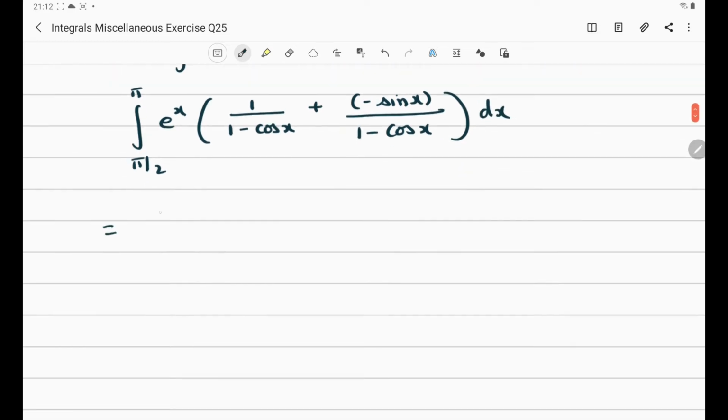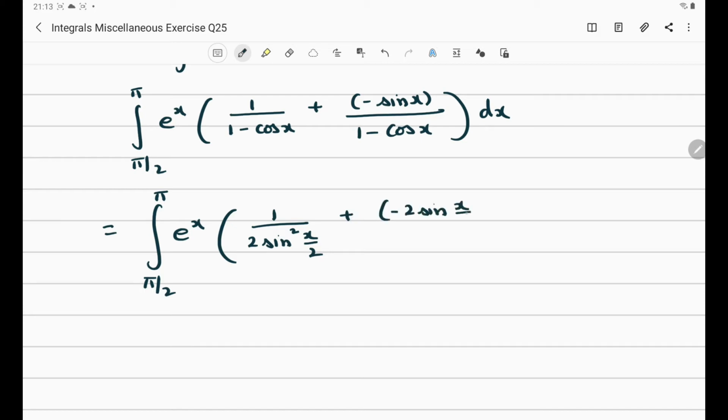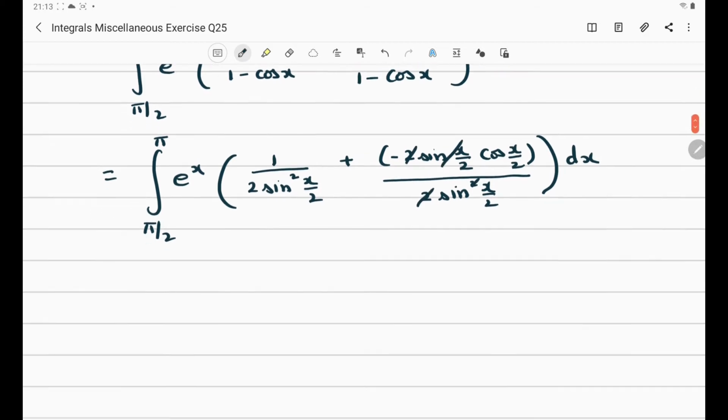So this is equal to e to the power of x times 1 by (1 minus cos x, which is 2 sin squared x by 2) plus minus sin x, which can be written as minus 2 sin x by 2 cos x by 2, divided by (1 minus cos x, which is 2 sin square x by 2), dx. So 2 and 2 get cancelled, and sin x by 2 cancels with the denominator sin x by 2.